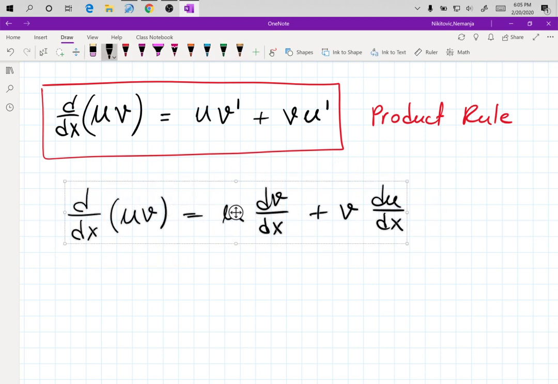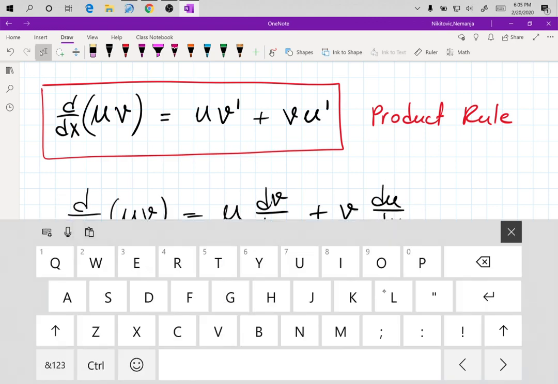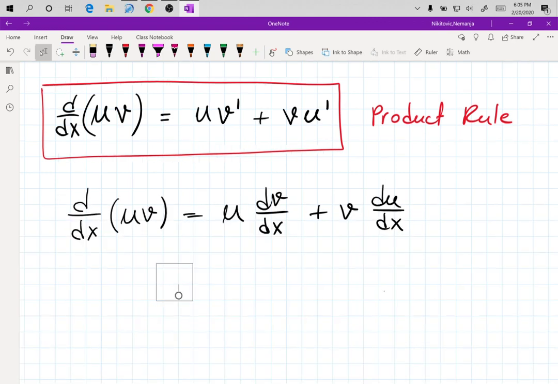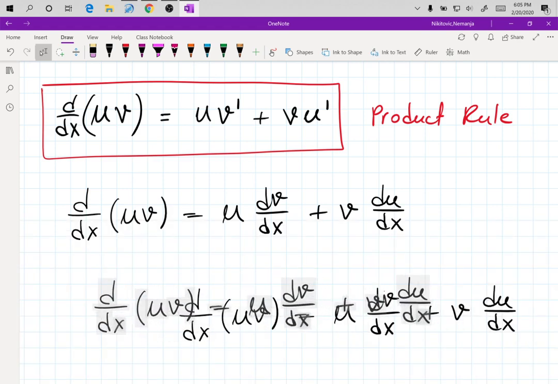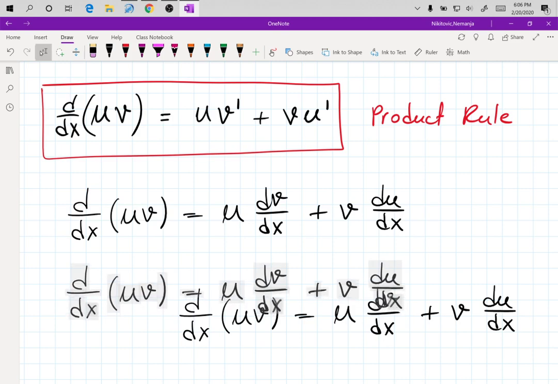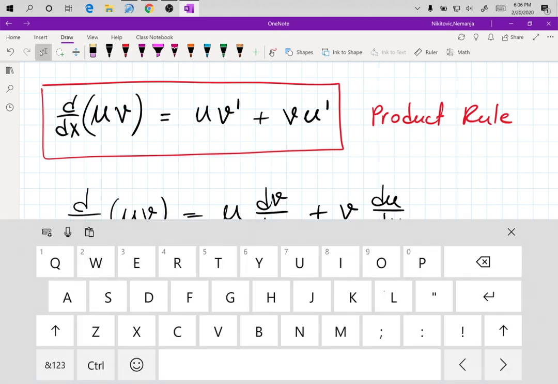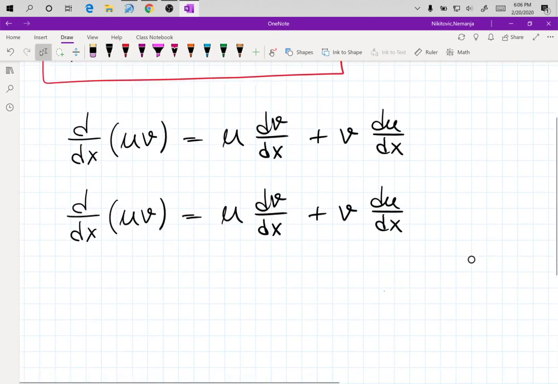So this line is important here, so I'm not going to touch that one. So here it is, the same formula, and now I am going to integrate each one of these.